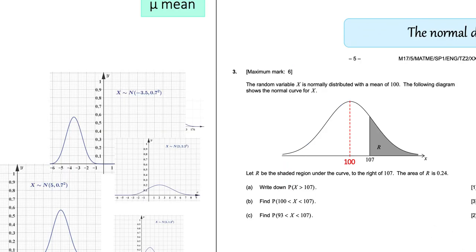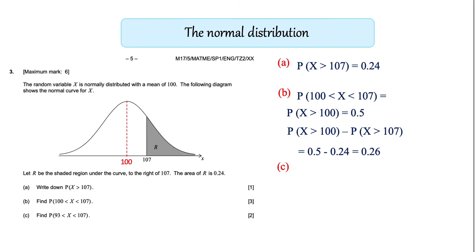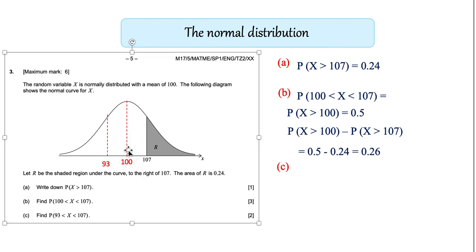So if you write out on your graph what you're looking for, you can notice that because it's symmetrical, and the value from 100 to 107 is the same difference as from 93 to 100, these two areas will be equal to each other.